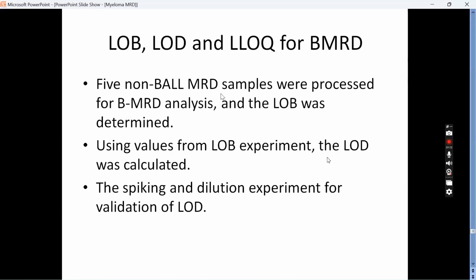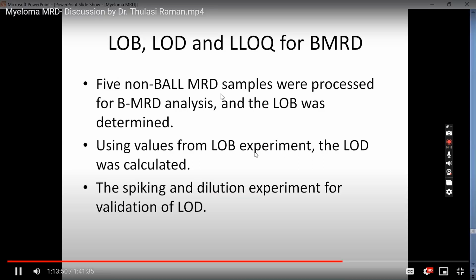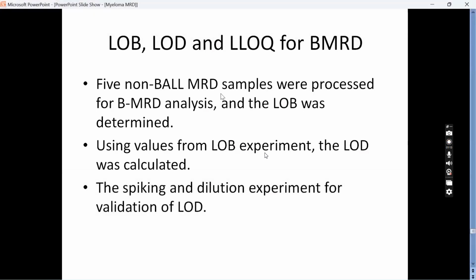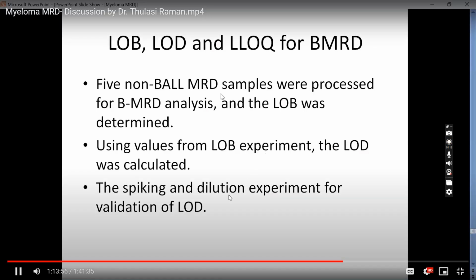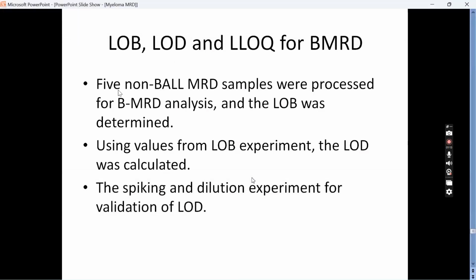Now, what is limit of blank? Normally this LOB, LOD, LLOQ, they do it for a BALL sample, so I'll tell you in context of a BALL sample. For LOB, you take 5 non-BALL samples. I'm doing LOB, LOD, LLOQ for B cell MRD analysis.